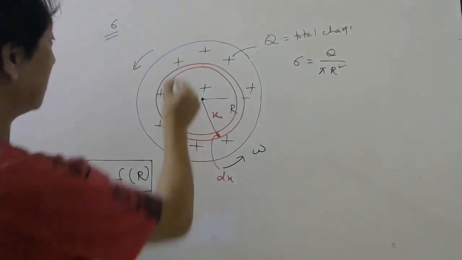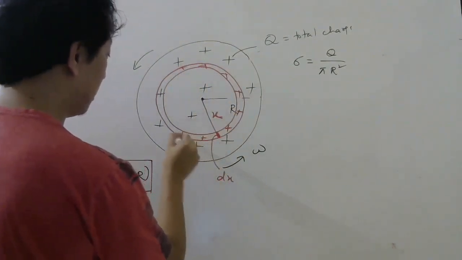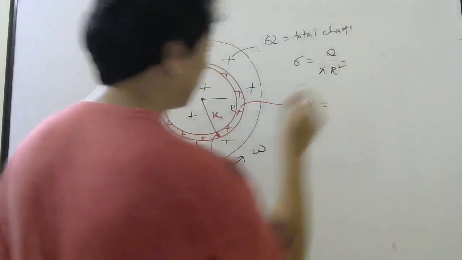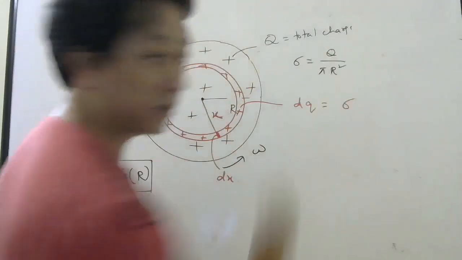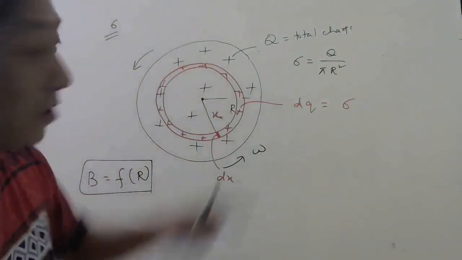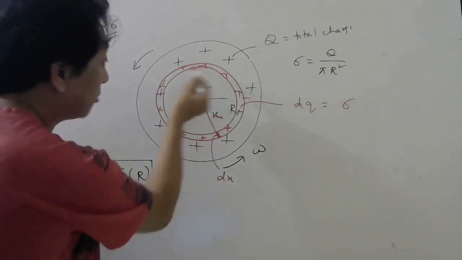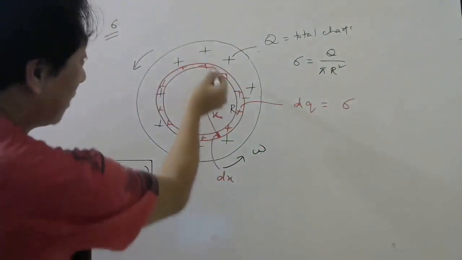Now let us see how much charge is only here. So dq, let me say. What will be the charge on that small part? Sigma, the surface charge density, times the area of this ring, because sigma is constant. So the charge on this ring will be charge per unit area times the area of this ring.